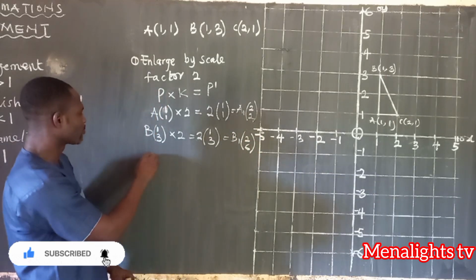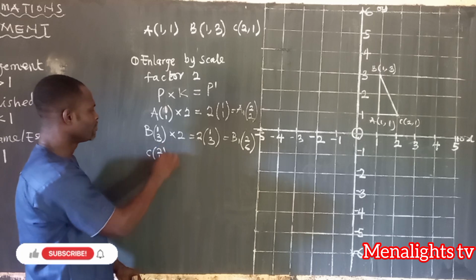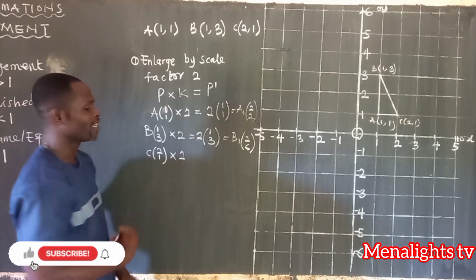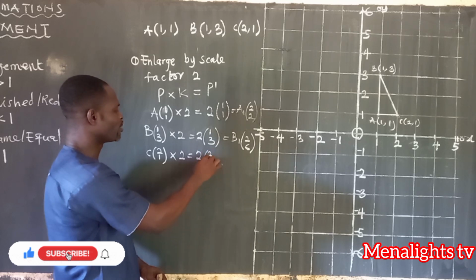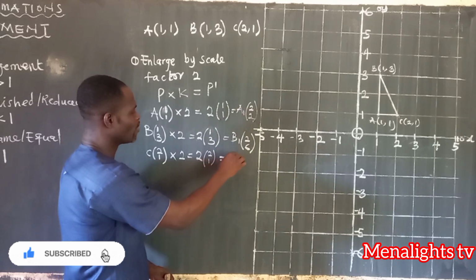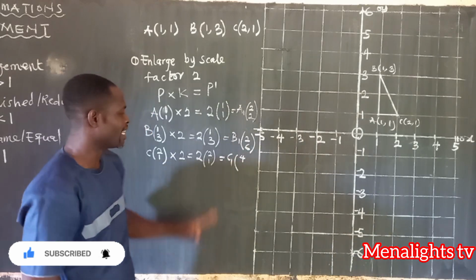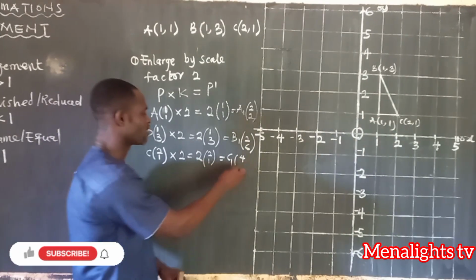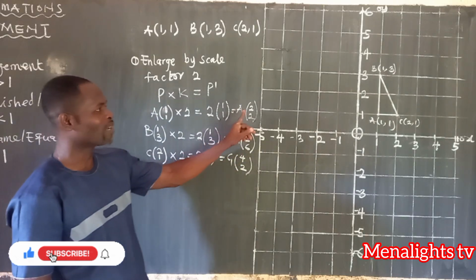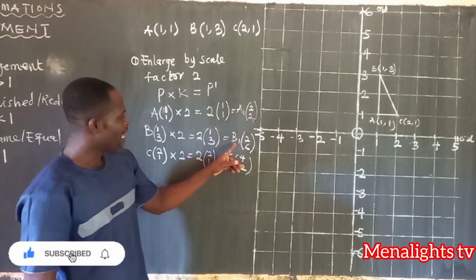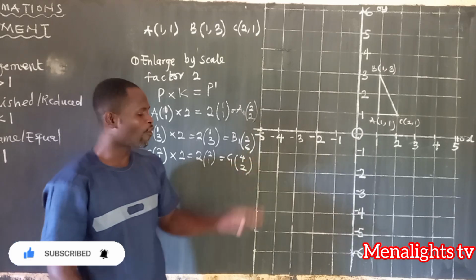Then we come to C, which is (2, 1), times the scale factor 2. That is 2 into bracket 2 and 1, which gives us our C1. 2 times 2 gives us 4, and 2 times 1 gives us 2. So this is the image that we have: A1 is (2, 2), B1 is (2, 6), and C1 is (4, 2).